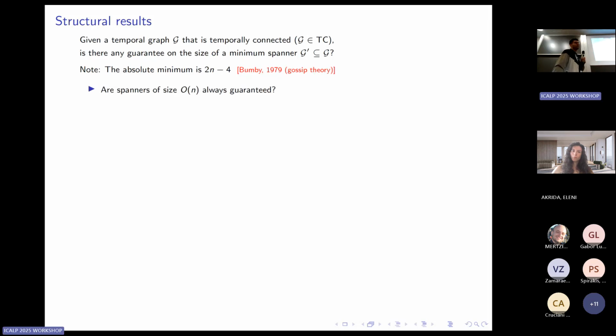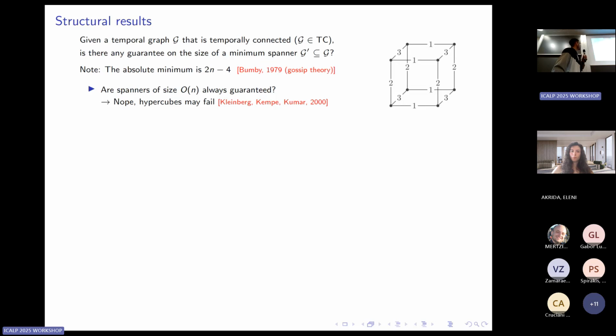So people wondered if, like in the static setting, we can always guarantee a spanner of linear size. And the answer was negative.